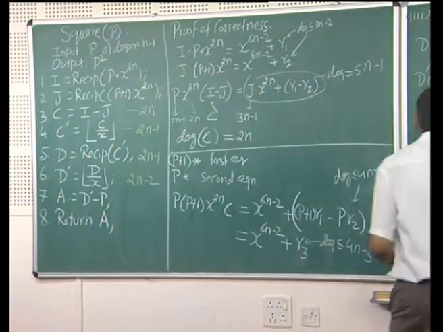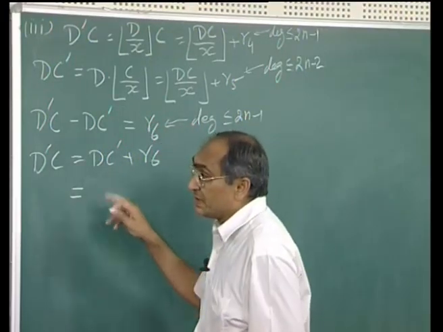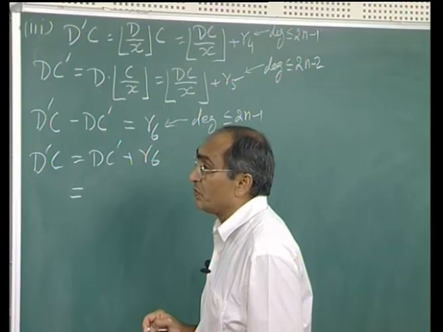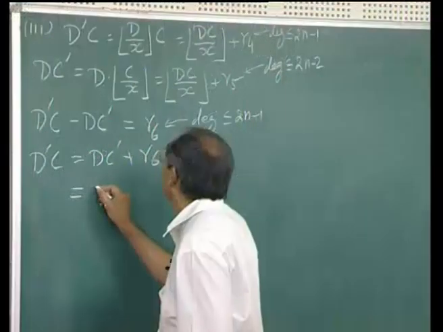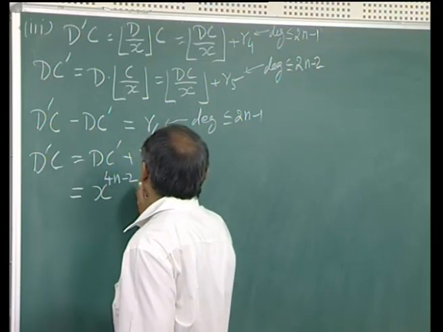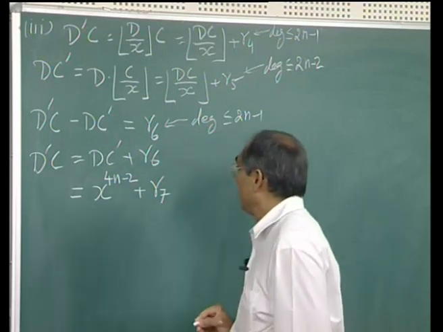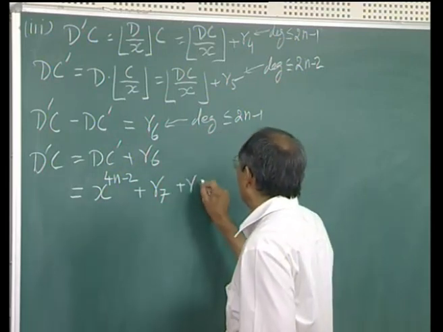So, from the definition of reciprocal, and note that C prime had degree 2n minus 1, D had degree 2n minus 1. So, this is x to the power 4n minus 2 plus a term R7 plus of course R6.